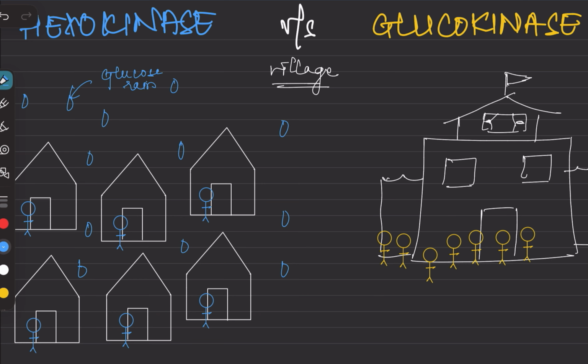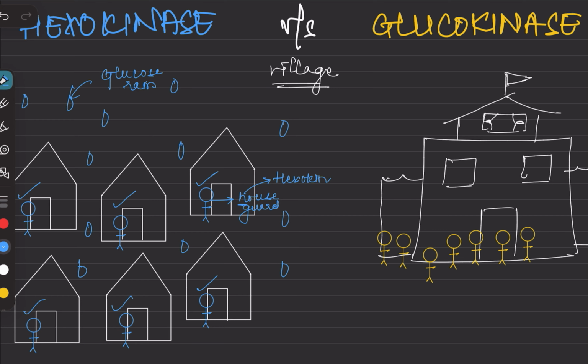Now you notice every house has a person standing outside the door. Who is this person? This person is the guard of the house. So we call him the house guard. House guard, H for hexokinase.